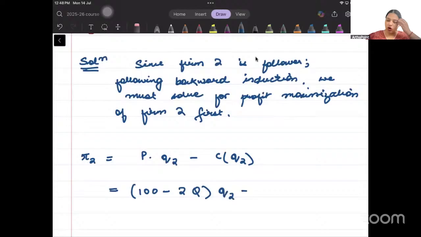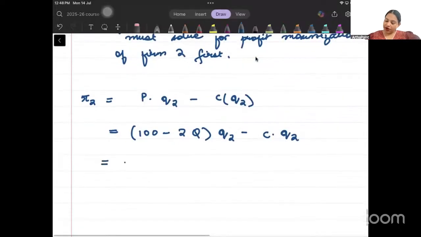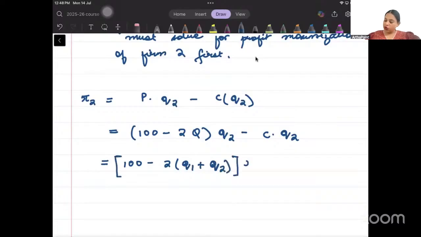And what is the cost function given to us as? Marginal cost is 10. So small c into Q2. Now I can go ahead and write this as, instead of capital Q, I can write it as Q1 plus Q2 into Q2 minus 10 into Q2.